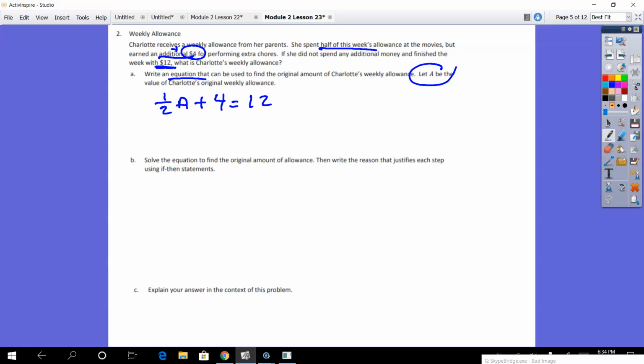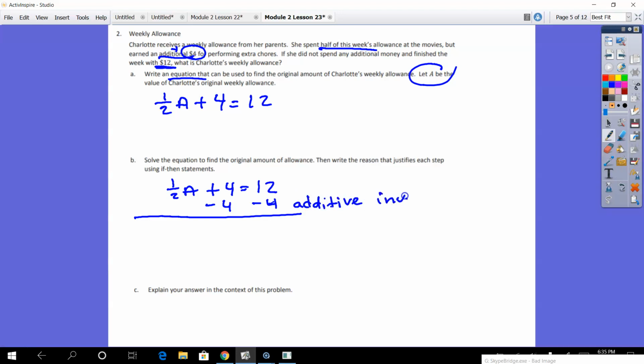Okay, so once you've made sure you had your correct equation, now take that equation to part B, pause the video again, and solve your equation. So your first step, you subtracted because it was the additive inverse of this constant, this number without a variable. And so that leaves us with 1/2 A is equal to 8.